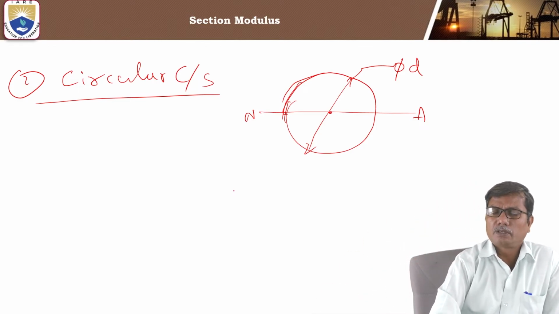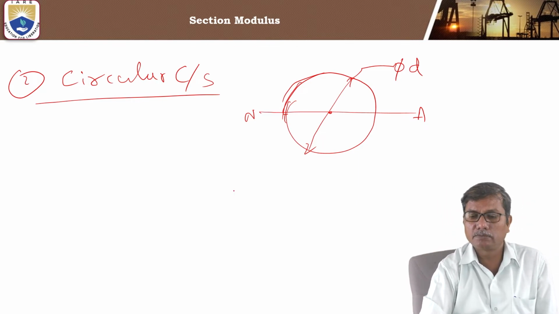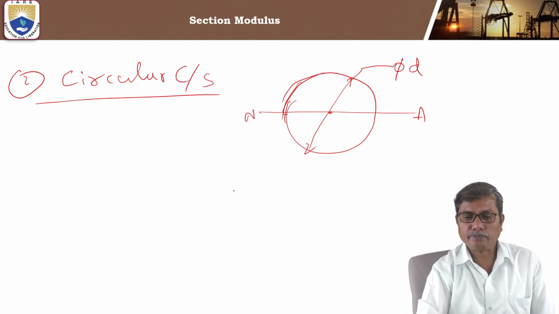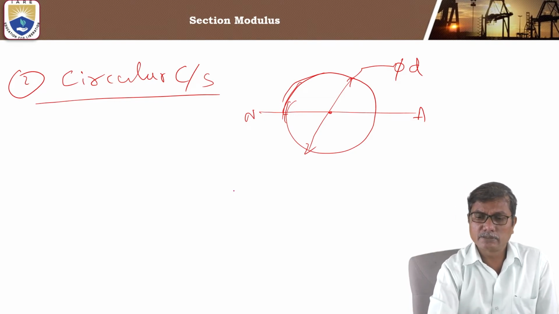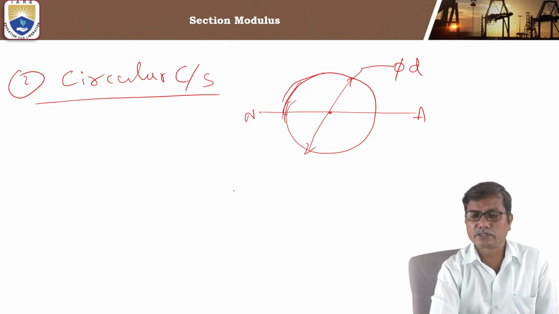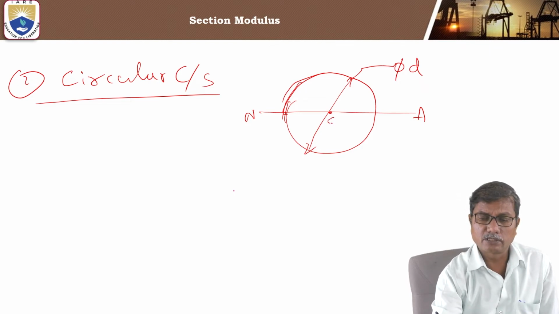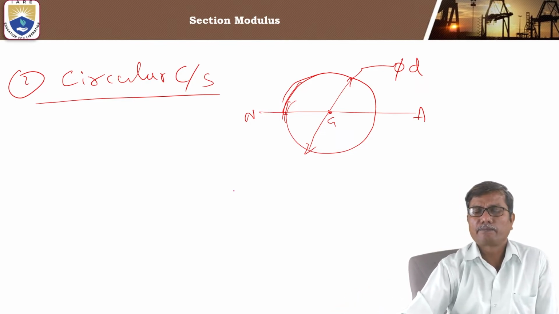And for a circle, infinite, because any diameter is an axis of symmetry. Let us consider the horizontal axis passing through the center. The center and centroid are both the same in this case.